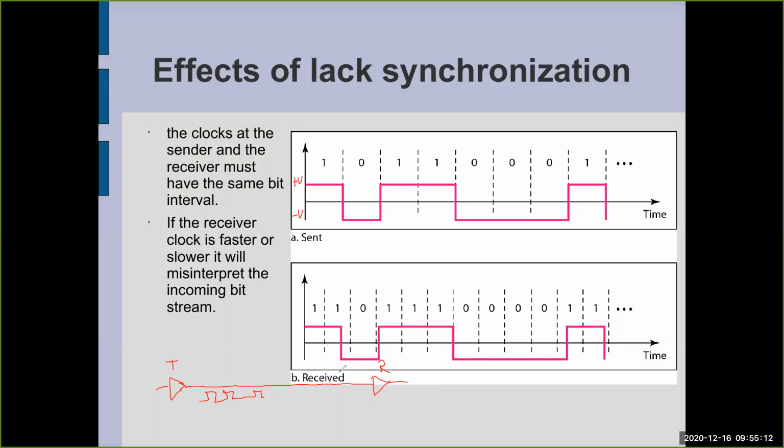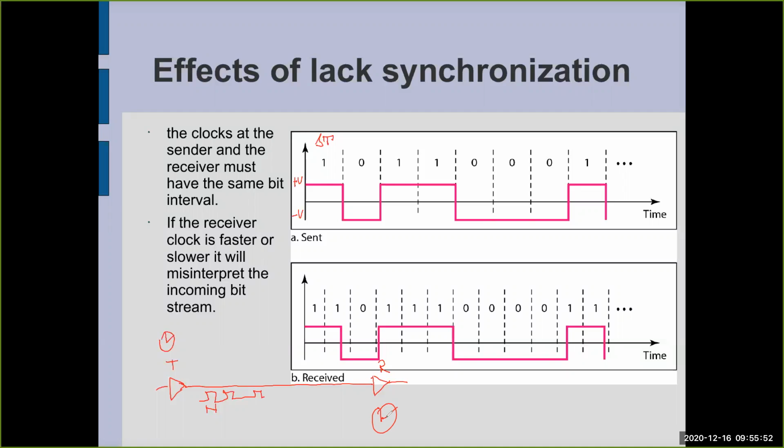Look, in this situation we assume that the duration of every bit is constant. Let's say it takes delta t, so delta t is the duration of a particular bit. But the transmitter has its own clock, and the receiver also has its own clock.